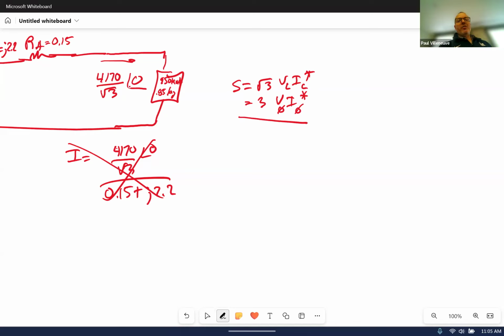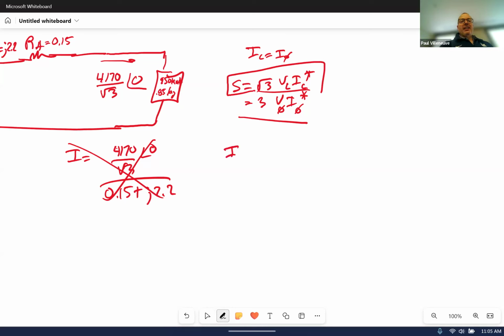You would use this equation over here. If you use the 4170, then you would use that equation over there, because in a Y connected circuit, I line and I phase are the same, right? In Y connected circuits. So we'll just pick this equation over here.